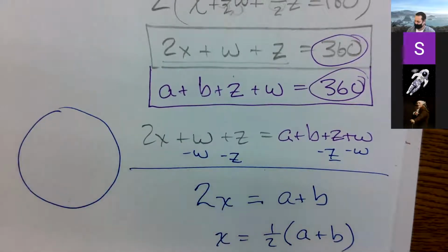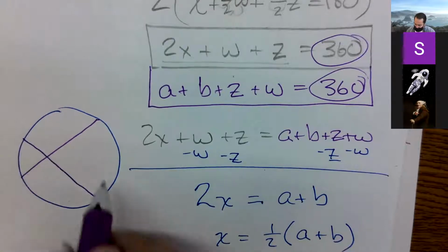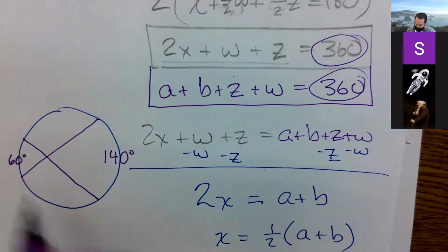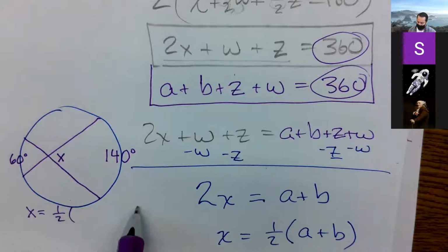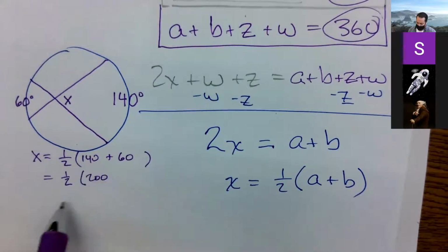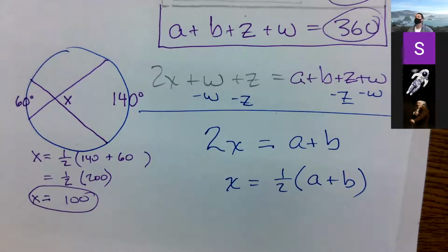Well, it means that if I have two chords crossing inside a circle, and this arc is 140, and say this arc is 60 degrees, and I'm looking for that angle, I can say that X equals 1/2 the sum of these. So X is 100.